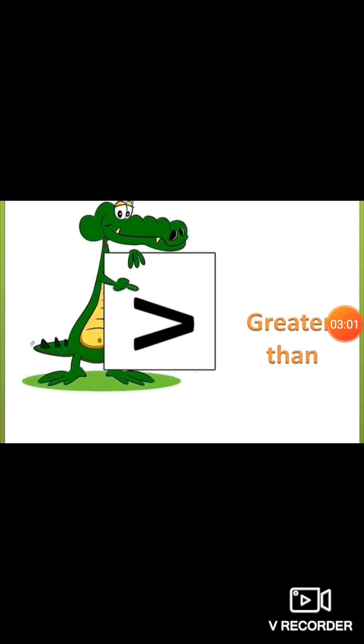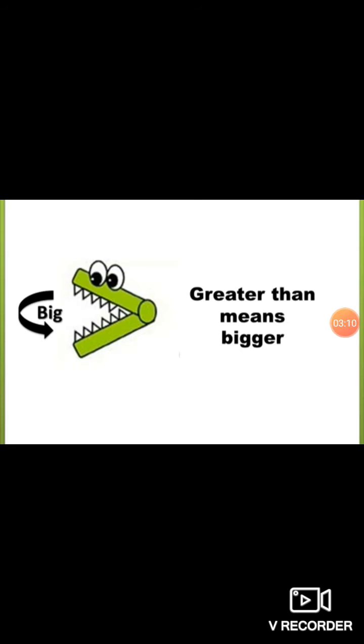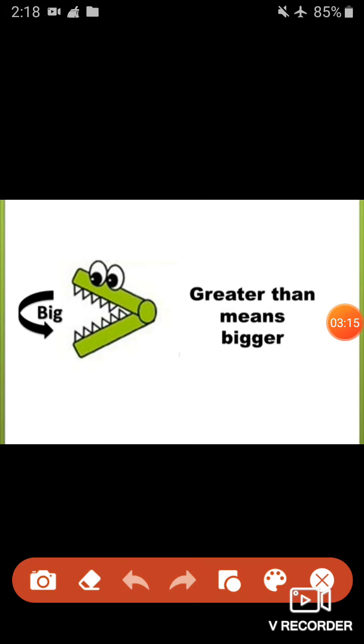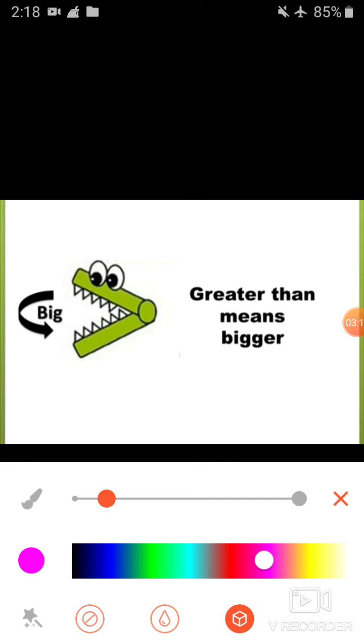So this is Mr. Greater than. Greater means bigger, and the symbol of greater than is like this. It means the alligator always opens his mouth to the bigger number.